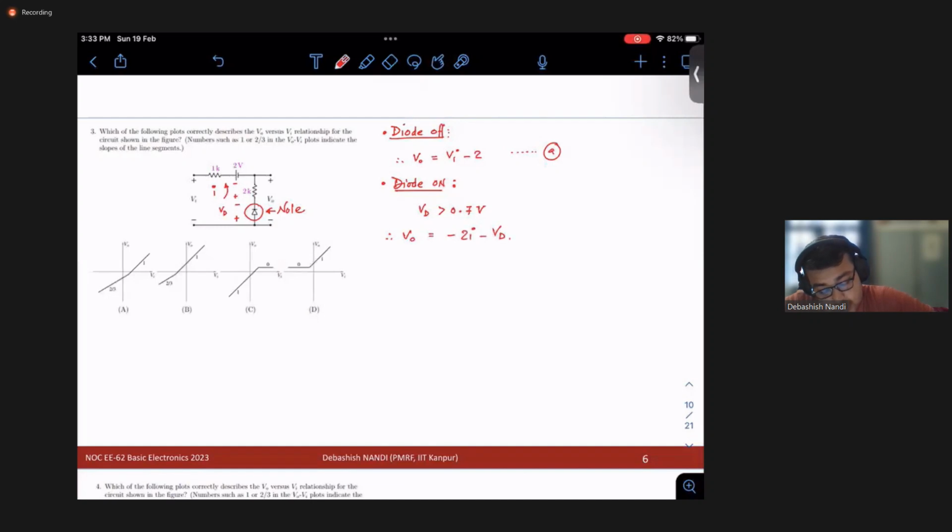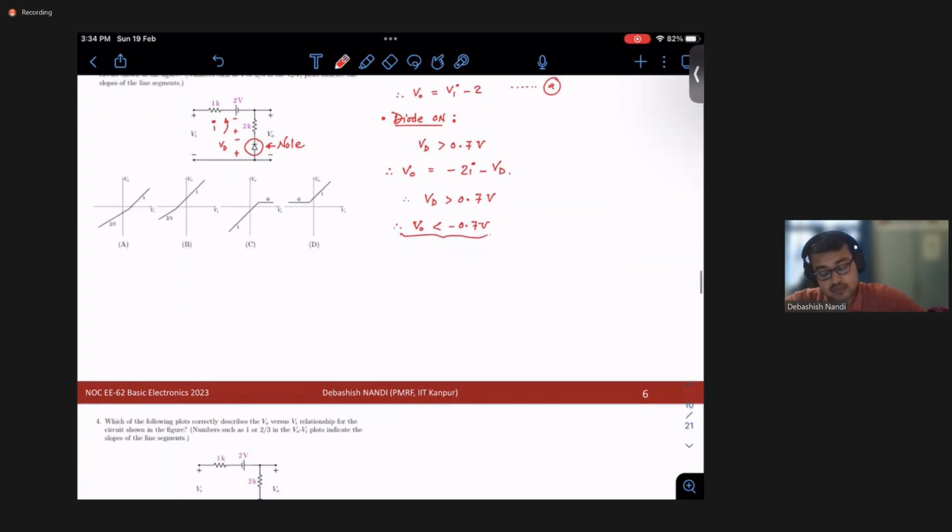So your I is now positive because current has to flow in this way. So if VD is greater than 0.7 volt, that means V naught has to be less than minus 0.7 volt, right? Is that okay?